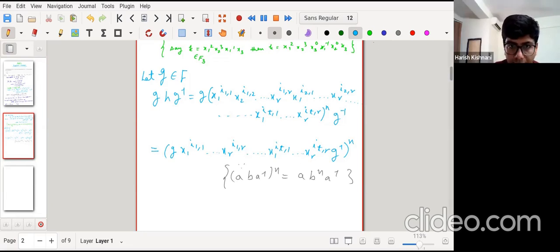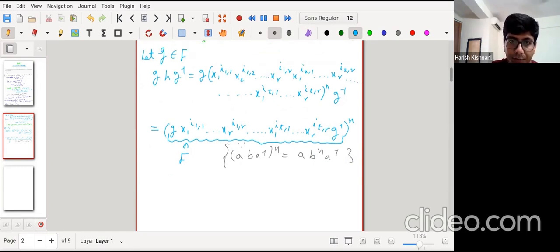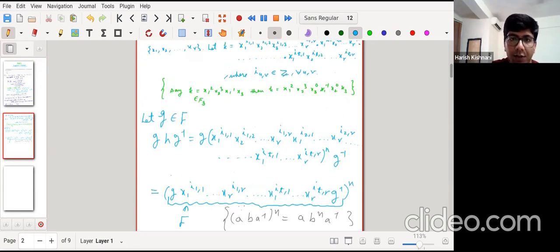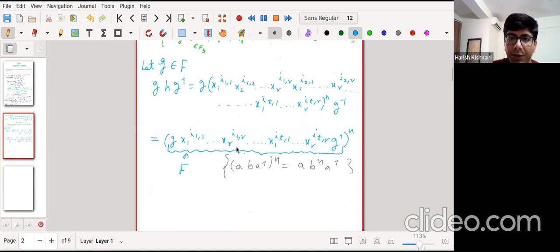Whatever is inside this part, starting from g to g inverse, this element is inside your F, because g is inside F, and all the xi's are also inside F. So it's just a product of elements of F now.